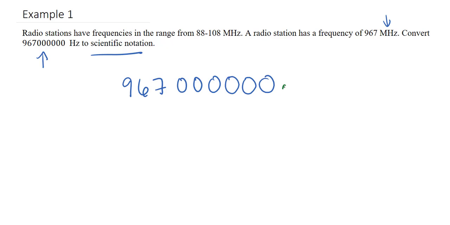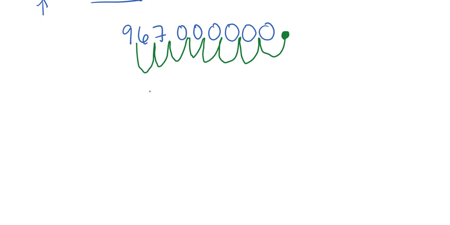So there's 6 there. Now, we have a decimal right there. For us to move the decimal, we only need one number to the left of the decimal. Right now there's a lot of numbers, so let's move it. We can go 1, 2, 3, 4, 5, 6, 7, 8. If we put the decimal right there, it's going to look like this, 9.67.